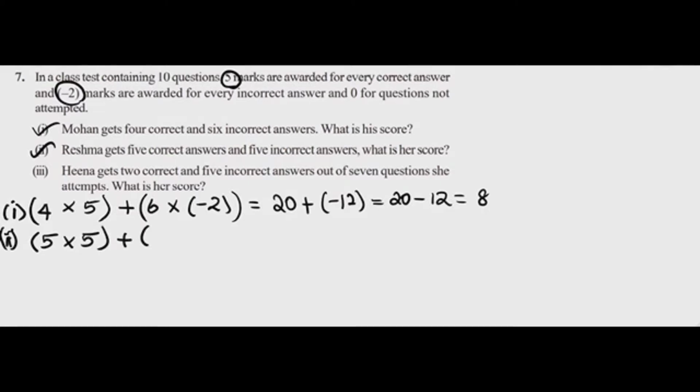And 5 incorrect answers, and the incorrect answer mark is minus 2. So I am solving this now. 5 fives are 25 plus 5 twos are minus 10. So 25 minus 10 is equal to 15. So Reshma's score is 15.